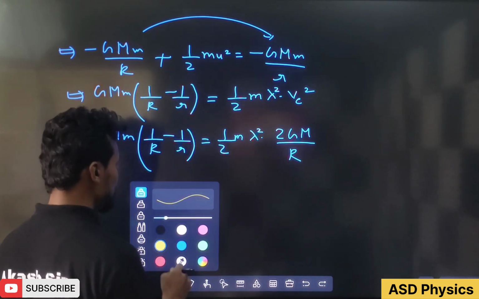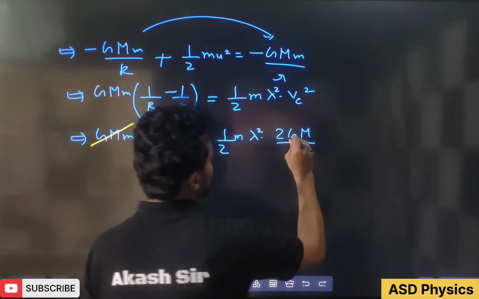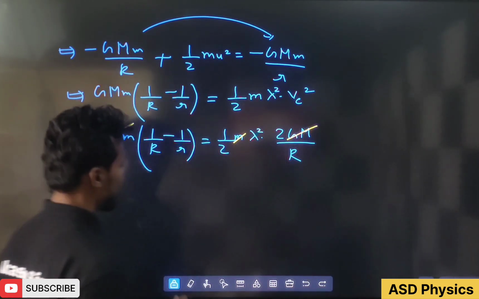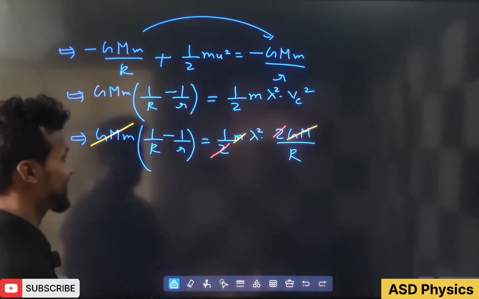Now we cancel things here. G capital M small m cancel out, and this 2 and this 2 also cancel. Very easy.